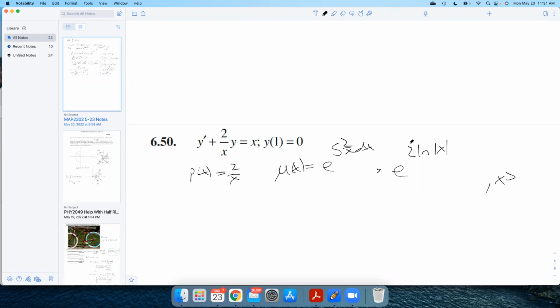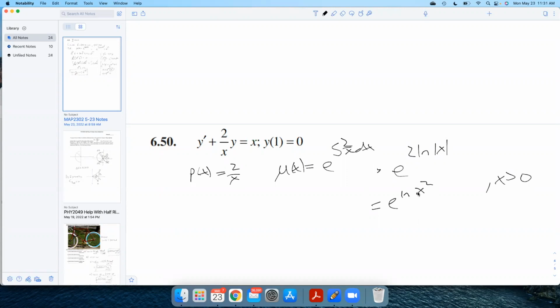In this case, it wouldn't matter because I've got a 2, which would square us anyways. So literally, I don't have to worry about that here because this 2 comes inside, rules of exponents, rules of logs. That would be X squared. X squared is always positive. I don't need to worry about the absolute value anymore.